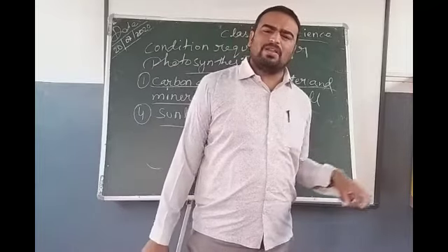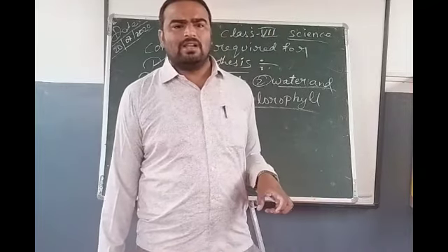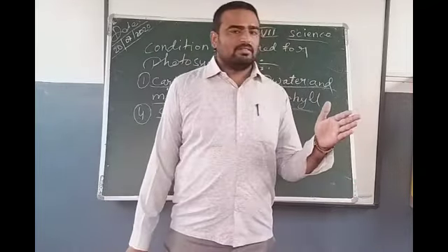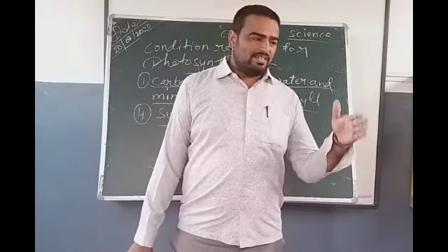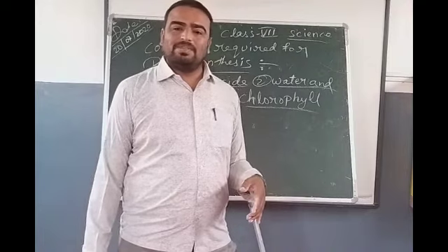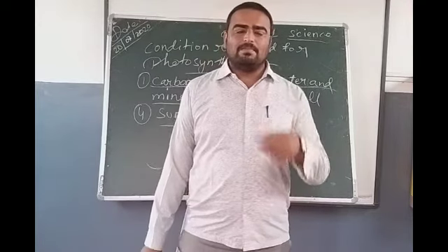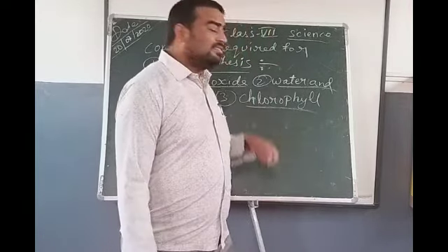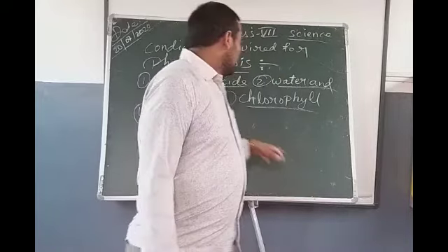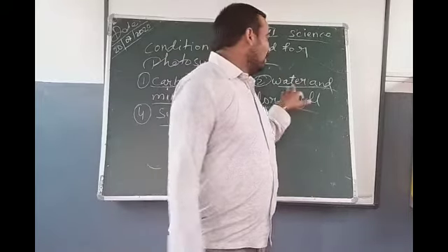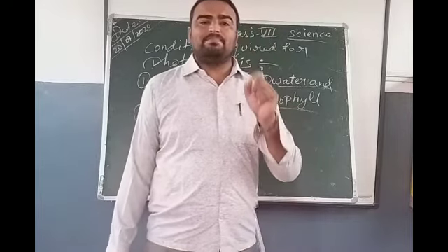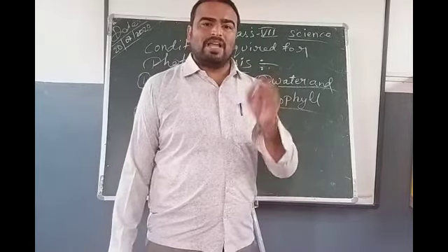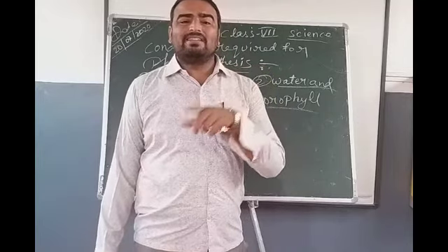Roots absorb the water and minerals from the soil with the help of the tube which is present in the trunk of the tree or plant, called xylem. And this water and these minerals reach every part of the plant to help make their food.